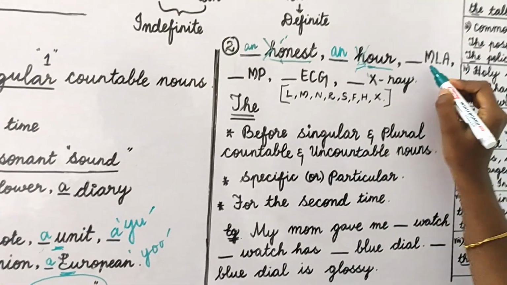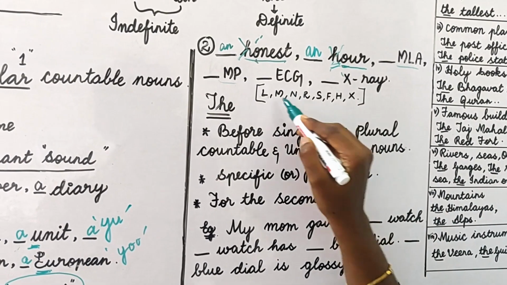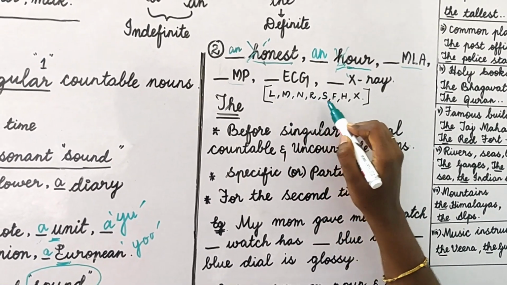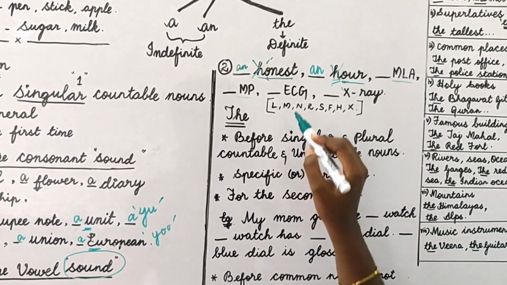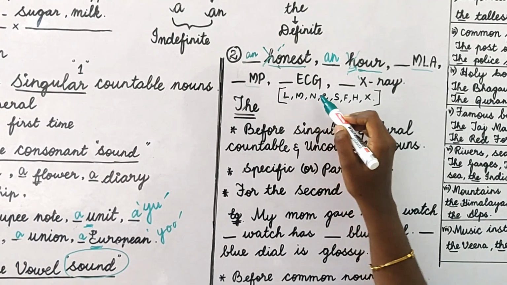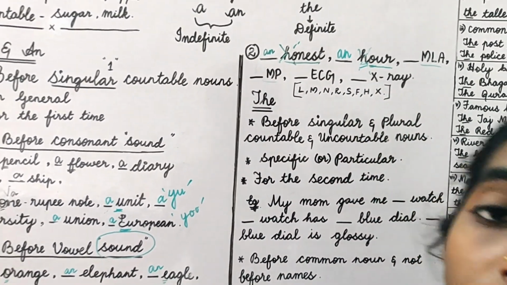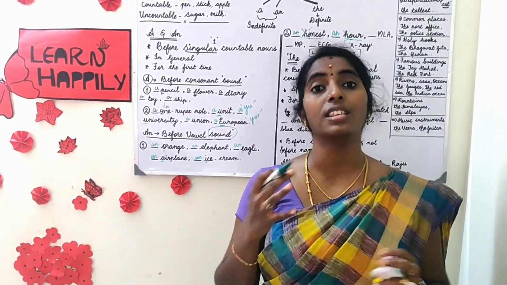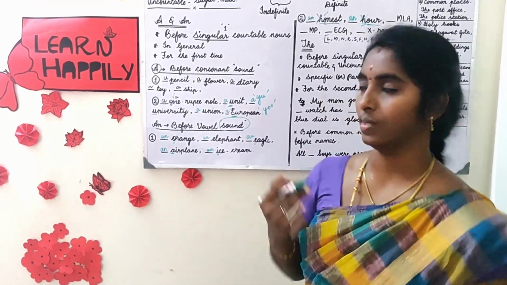Next, the abbreviations. Coming to the abbreviation category, the abbreviations that start with L, M, N, or S, F, H, X. Okay, so again I repeat, L, M, N, or S, F, H, X. So if the abbreviation starts with these letters, you should use the article an.